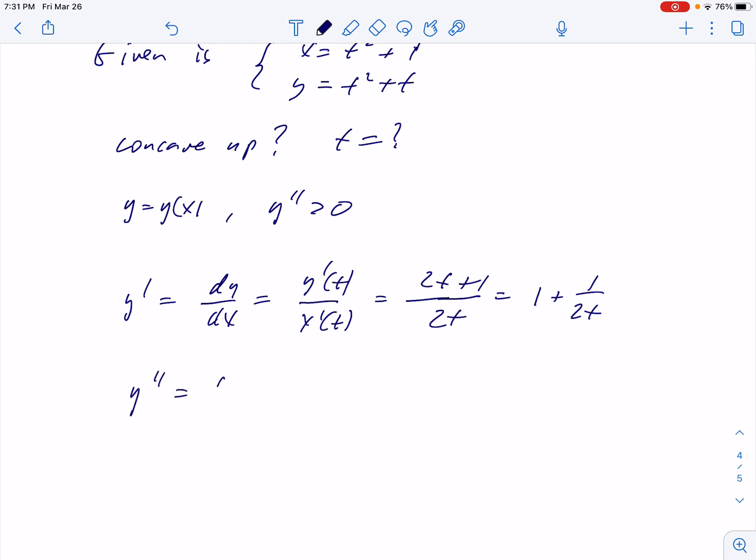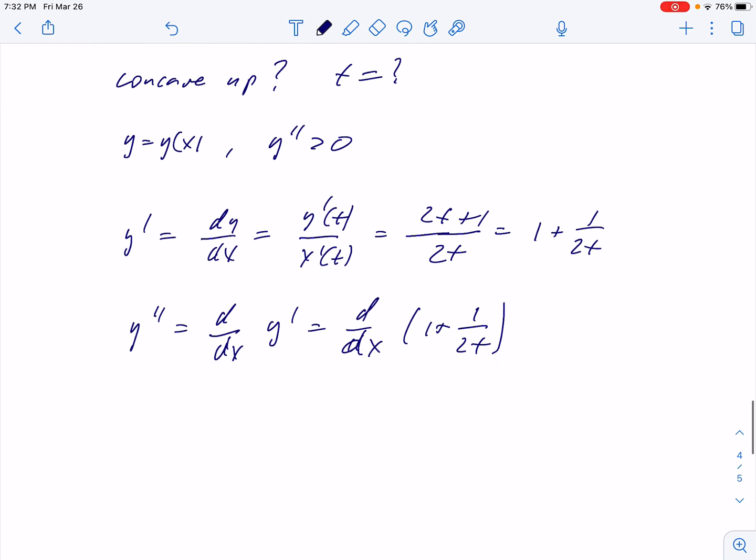The second derivative is the derivative of the first derivative, which we can write this way: d/dx of 1 plus 1 over 2t. And here we again pass to derivatives in t, writing it this way: d(1 plus 1 over 2t)/dt, divided by dx/dt.